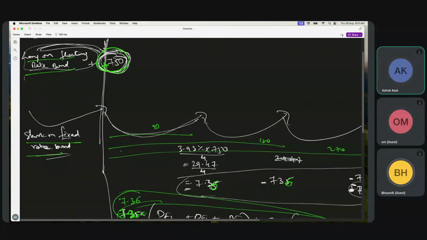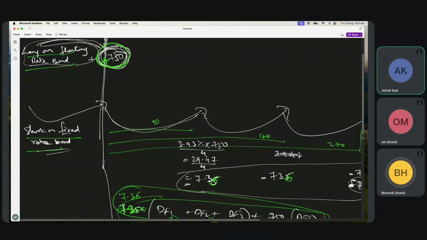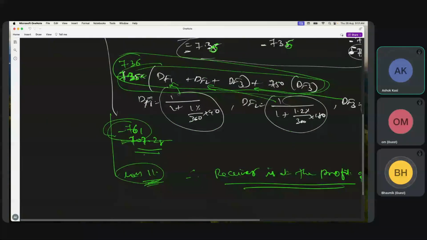What we are receiving has a value of 750, and what we are paying has a value of 761. So we are the payer, and for us there is a loss of 11. But they asked us to calculate from the receiver's perspective, so the receiver is at a profit of 11.